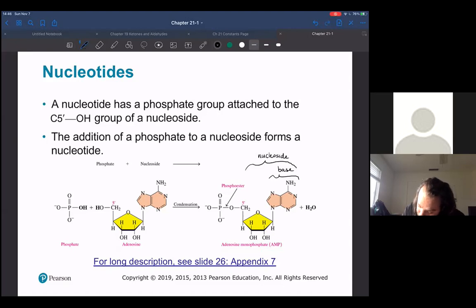And the whole thing together, including that phosphorus, is called the nucleotide. Okay, and the nucleotides, the whole thing containing all three of those components, that's what's going to be linked together to form our RNA and our DNA.